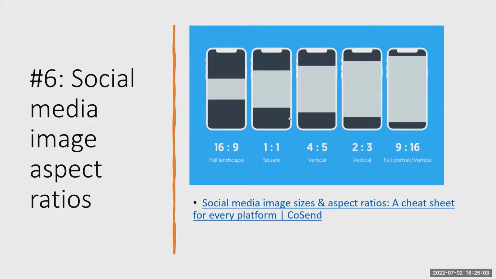In Instagram, if you want to do a post, the aspect ratio is 1:1 or 4:5. These are the two aspect ratios for an Instagram post.